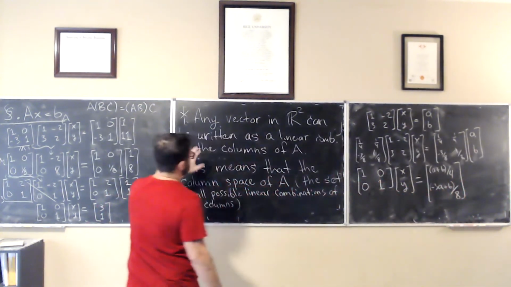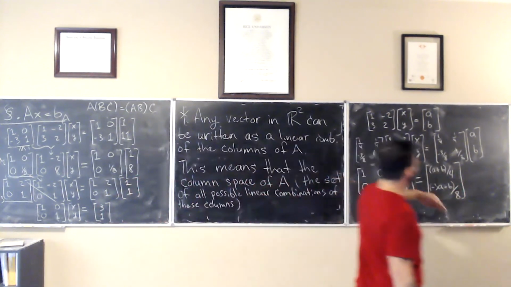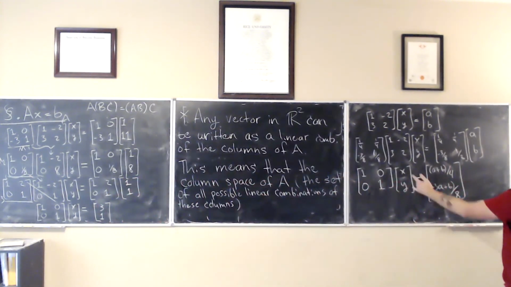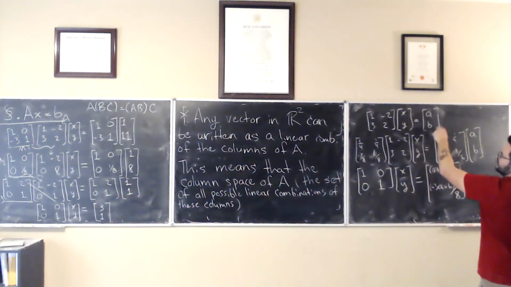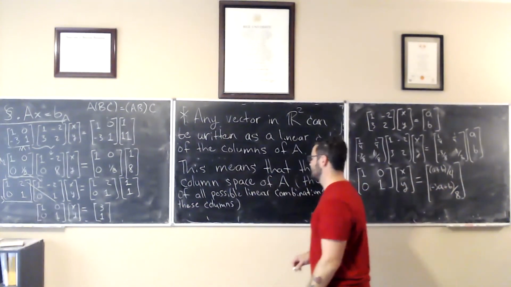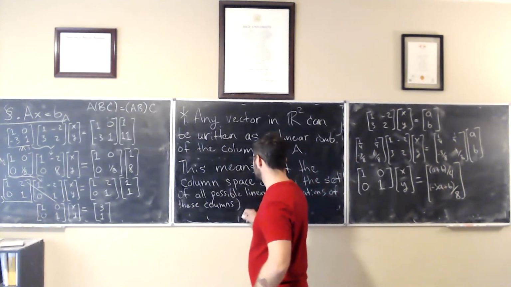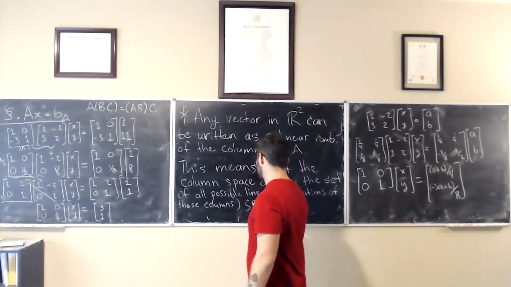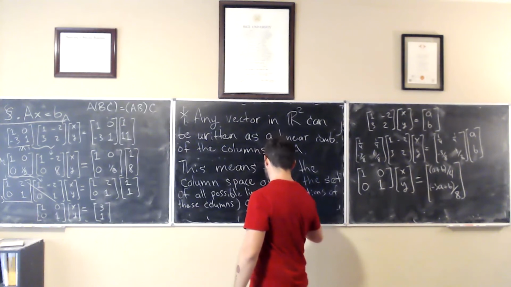So since we can write any vector in R2, as there's a solution x, y for any A, B, we say that the column space of A spans R2.